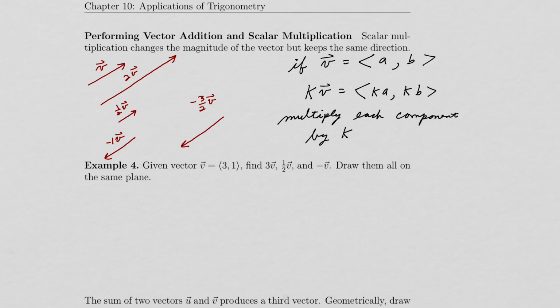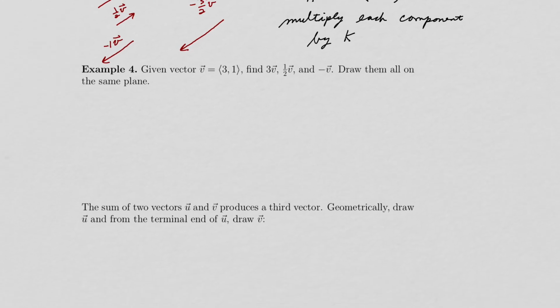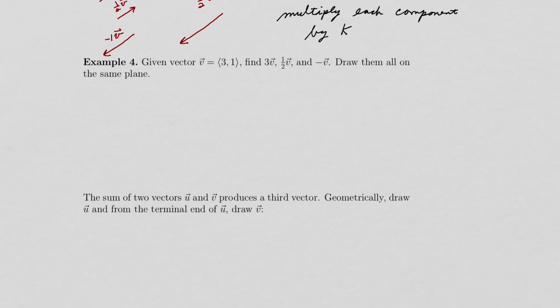All right. So let's do an example of that. Let's say we're given a vector v is equal to 3, 1. And I want to find 3v, a half v, and negative v, and then I want to draw them all on a coordinate system. All right, so let me draw a coordinate system here that we can draw them on eventually.